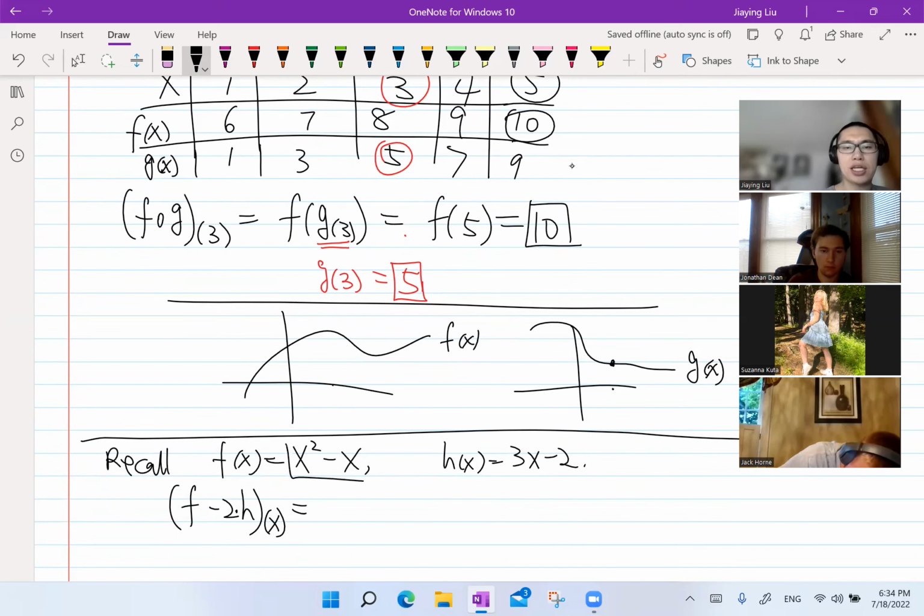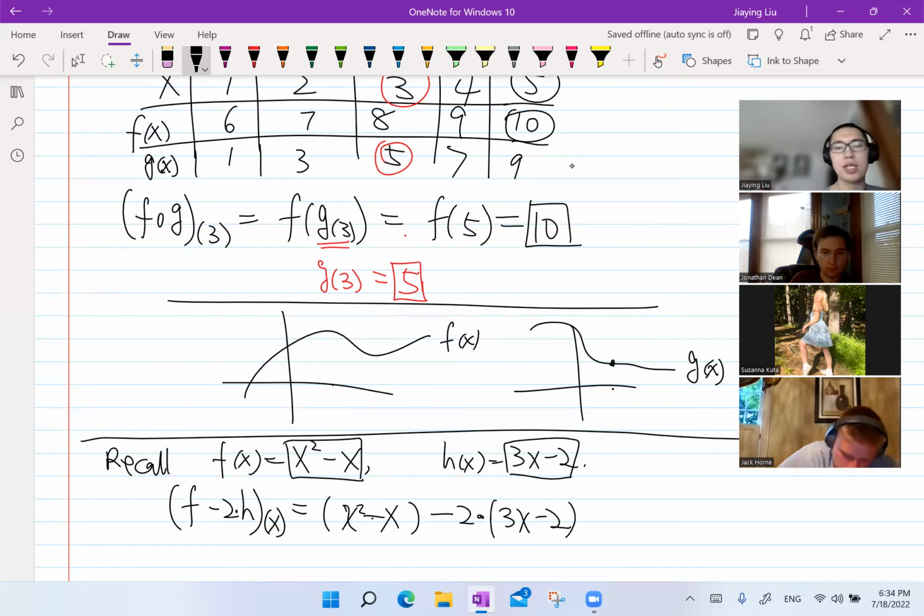So we're going to take x squared minus x. That's where f is, so we're going to put it here: x squared minus x. And then we're going to subtract 2 times h of x. And h of x, we know it's going to be 3x minus 2. So 3x minus 2 goes in there.